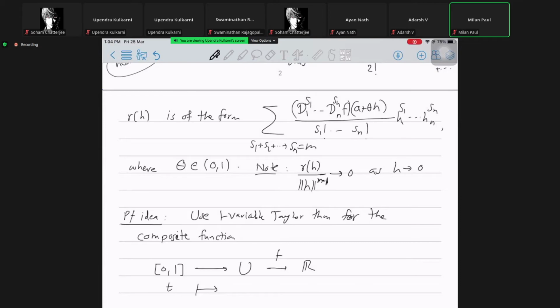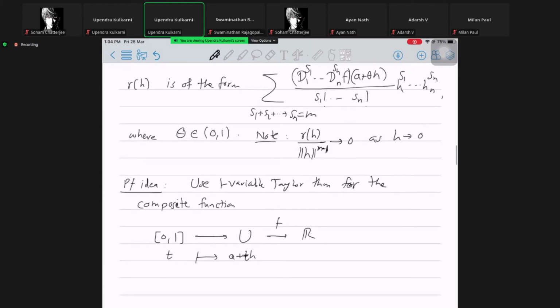A. So you just say A plus, and at 1, the value should be A plus H. So A plus tH. So g of t is equal to f of A plus tH.